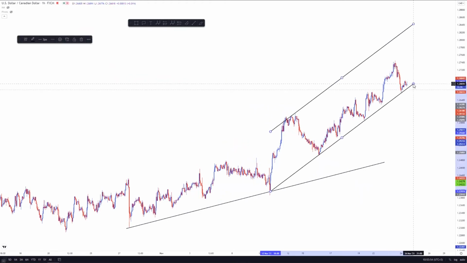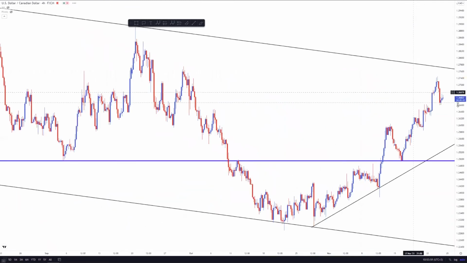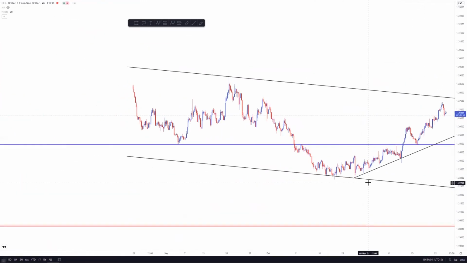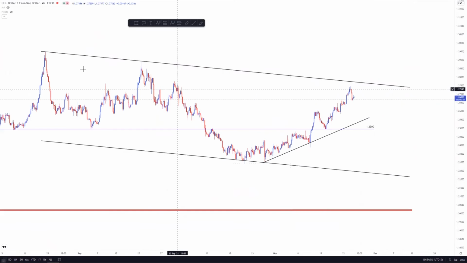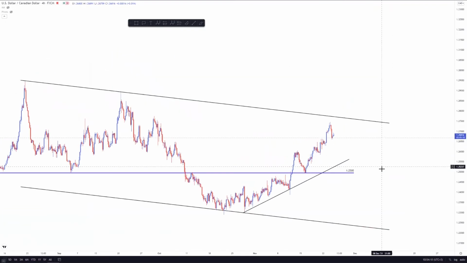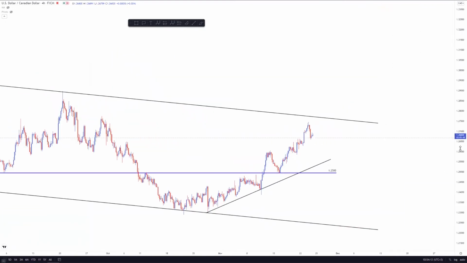And USD CAD, last but not least, is something that I've also been watching. No trade though. I go to the 4 hour. This is the 1 hour. So 4 hour, looking at just patterns galore. You can see this first touch, second touch.